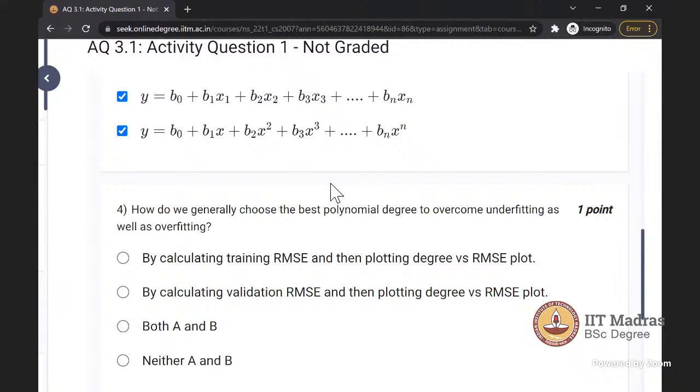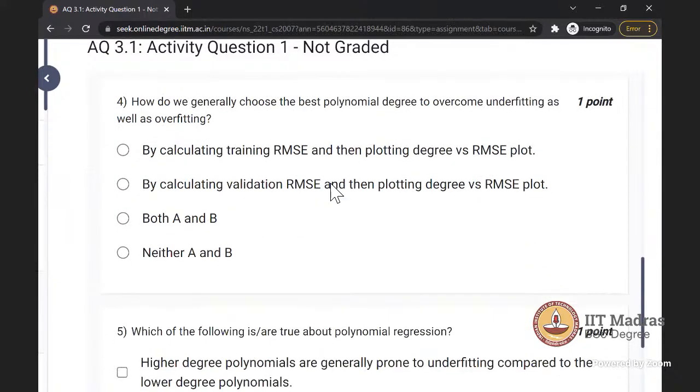But the validation RMSE will go to a minimum value, and after a certain degree, it will keep increasing because the model is actually overfitting. Therefore, what we want to do is figure out a value of degree at which training and validation losses, both of them, are small, not just one. So the right answer is both A and B.